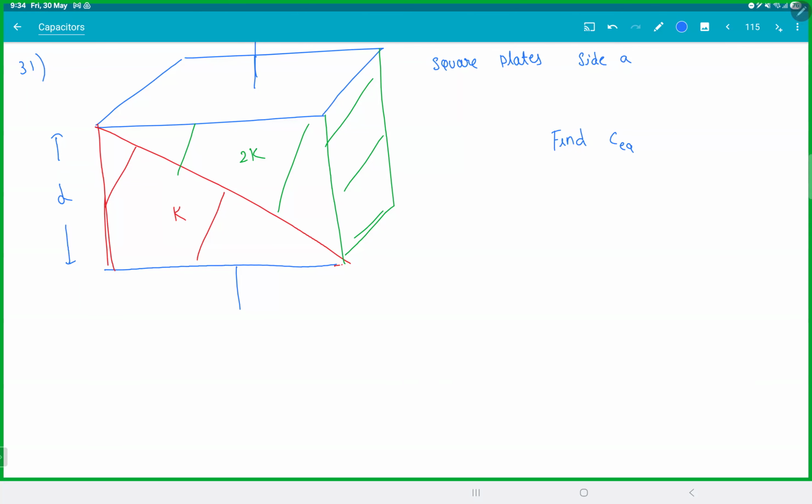How do we approach this? Let me give an idea of how to choose an element.